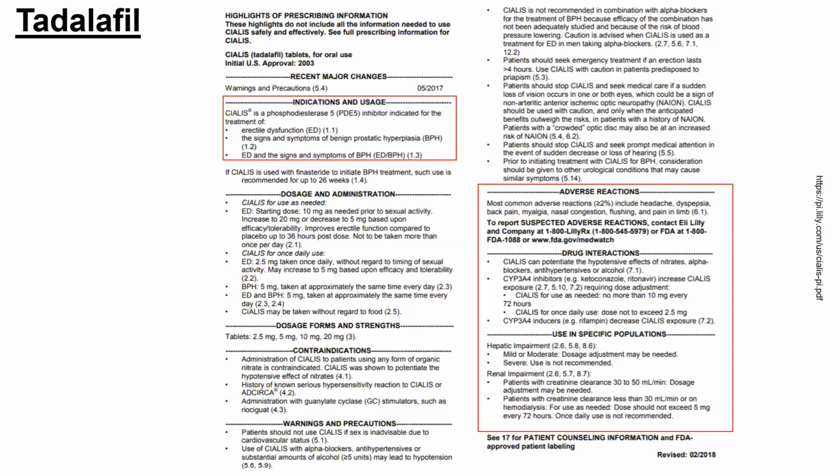Anytime the clearance drops below 30 ml per minute, it says use as needed and it should not exceed 5 milligrams every 72 hours. So in those individuals, a daily dose is not recommended. Those are the things you want to be careful with for this drug.